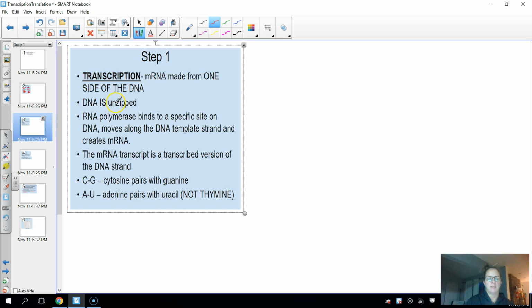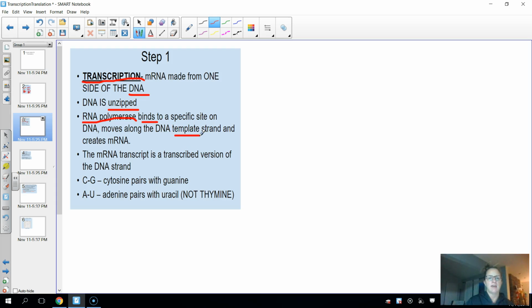So the first step, again, is called transcription. This happens when DNA inside the nucleus gets unzipped, and an enzyme called RNA polymerase comes over and binds nitrogen-base pairs to the DNA template.